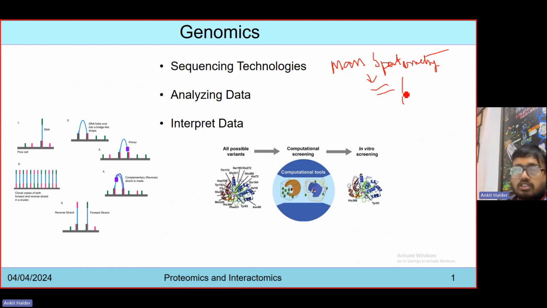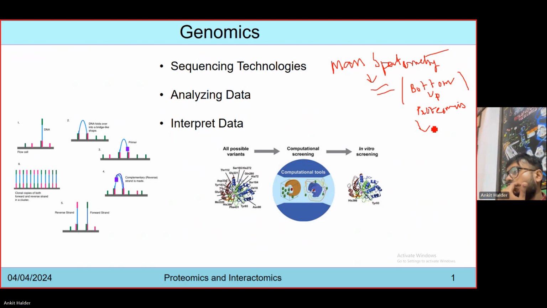So I am talking about, as you can understand, bottom up proteomics. So here we take the peptides and try to match them with the proteins.